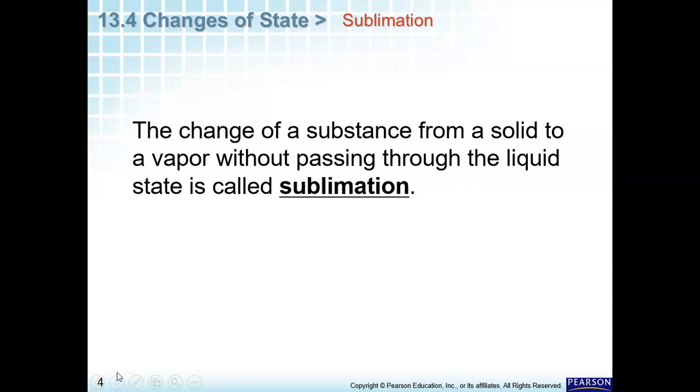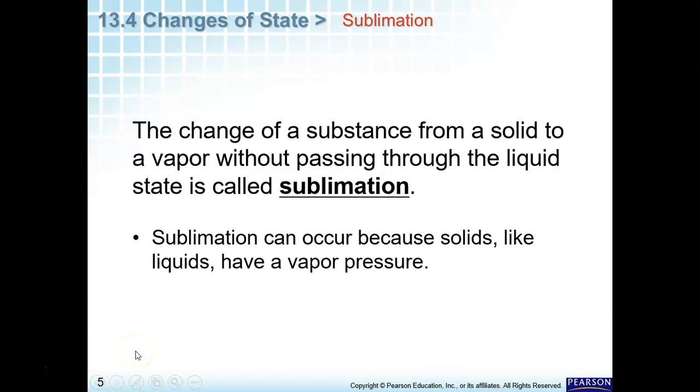Basically, sublimation is where a substance goes from a solid directly to a gas without passing through the liquid stage. So basically it goes solid to gas, completely skipping the liquid stage. And most substances can't do this, only some can. So this can occur because solids, like liquids, have a vapor pressure.